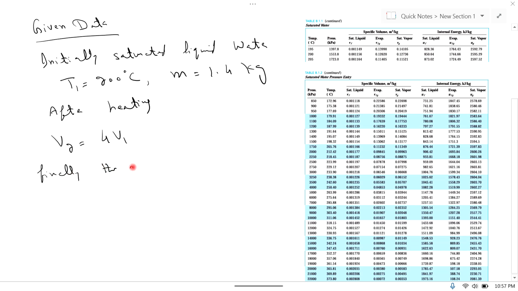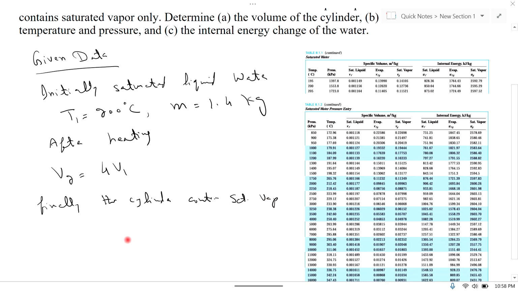It means that finally the liquid is completely dry saturated vapor, so the properties are finally on the saturated vapor line.